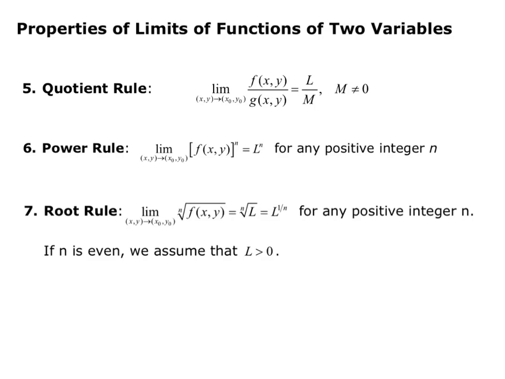And we're also assuming that if n is even, that L is greater than 0, because you can't take the even root of a negative number. So these are your 7 basic properties of limits of functions of two variables, and we'll use these in following videos to actually calculate limits.